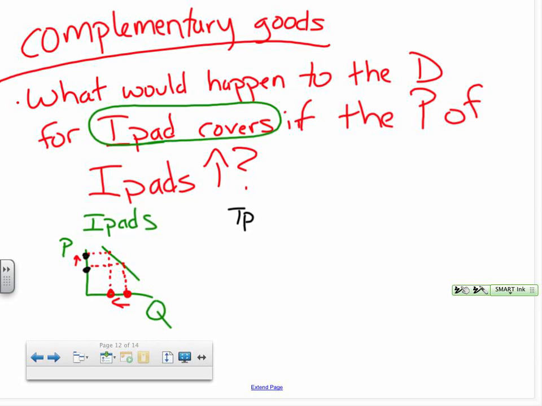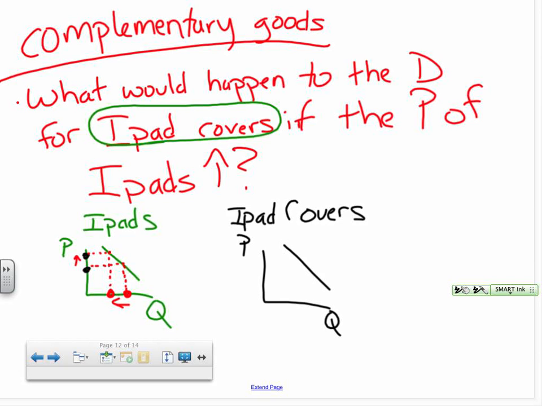we're going to graph out the iPad covers. Remember, I'm not going to go buy an iPad cover if I don't have an iPad. They are complementary goods. They go together. If you buy one, you're going to buy the other. Well, the price of the iPad covers did not change. The price of the iPads themselves changed. Fewer people will buy it.